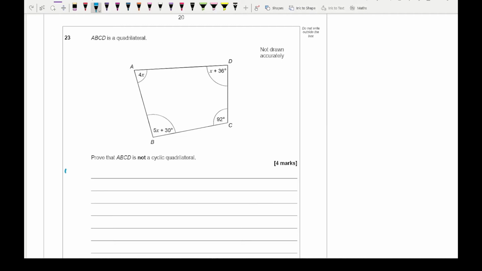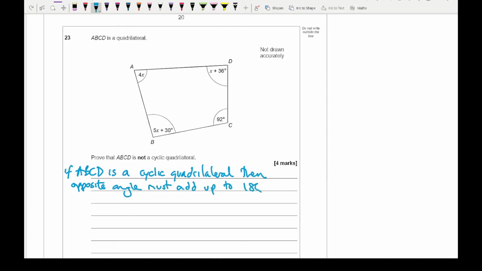So what we need to say is if ABCD is a cyclic quadrilateral, then opposite angles must add up to 180 degrees. So this is a fact that I'm going to prove. So I need to prove whether this statement is true or false. But we're told it's false, so that's what we need to then go on to.